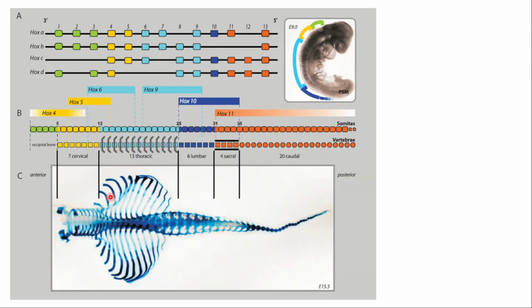So here is a schematic showing the different patterning HOX genes, homeobox genes along the vertebral column. So we have the whole vertebral column divided into different regions.